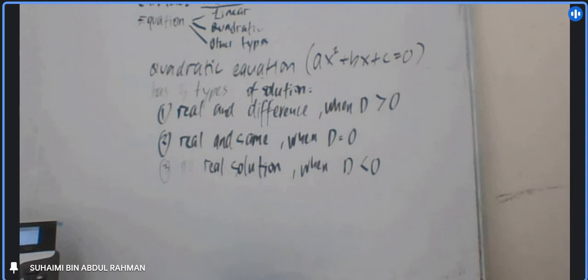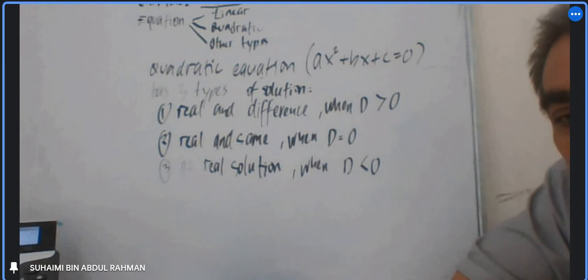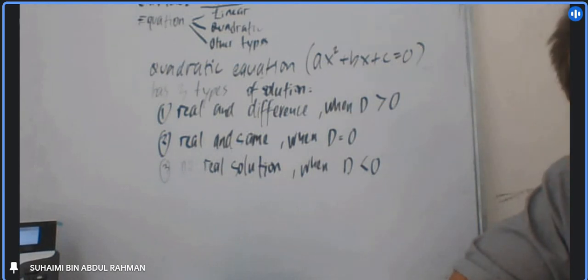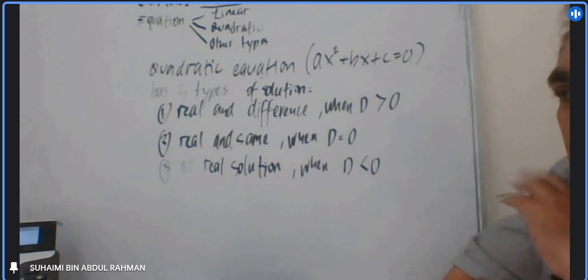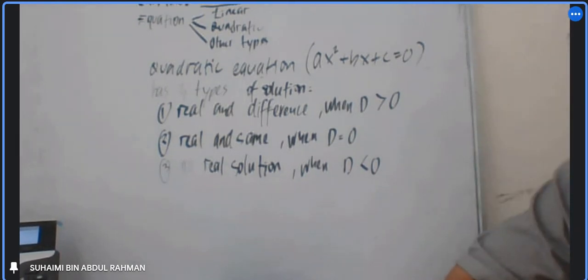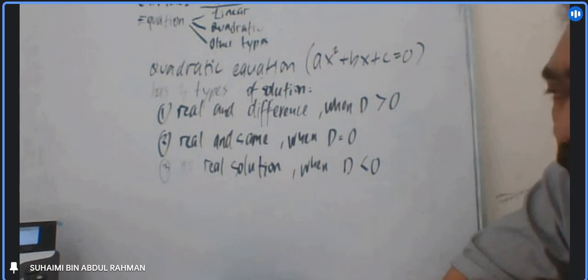Then we will have the square root of a negative number, which we are supposed not to have. The square root of a negative number will lead us into complex numbers, which we are going to see later in this chapter.